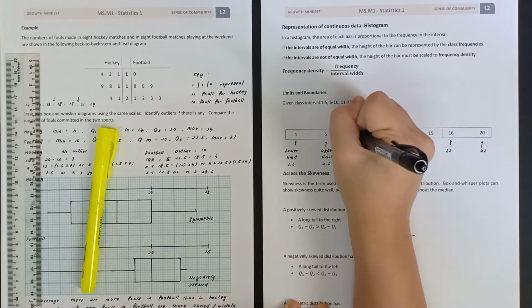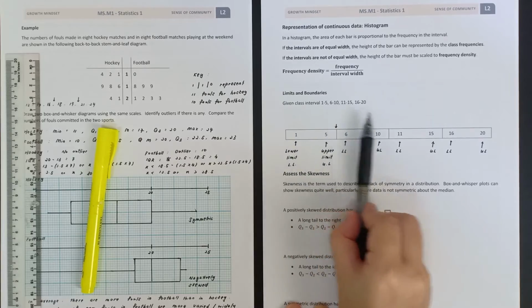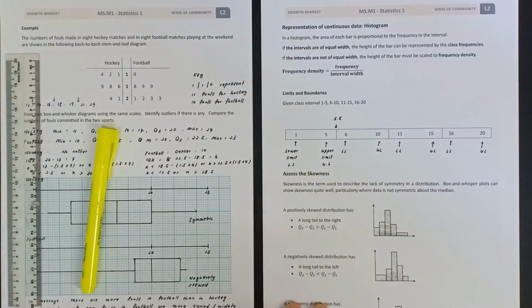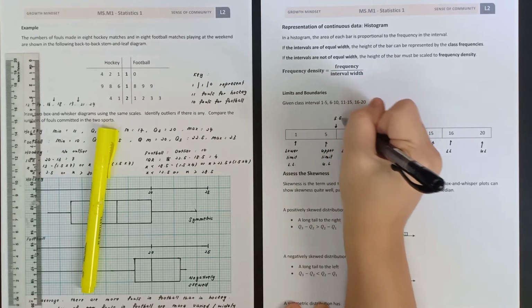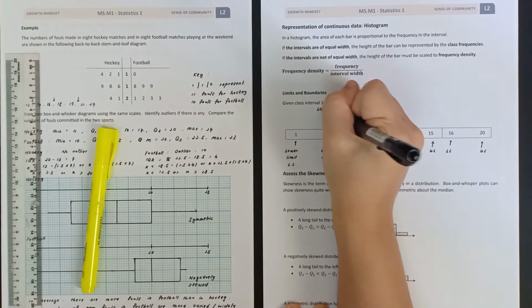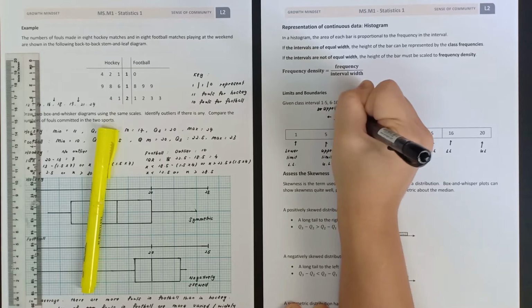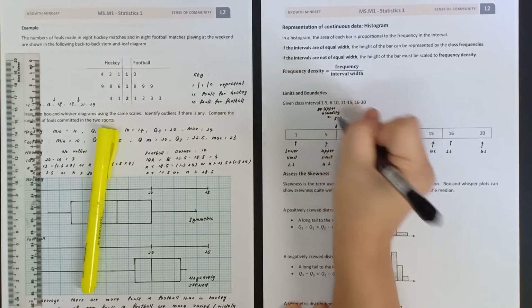So for this middle, what is the boundary that actually separates 5 and 6? It's going to be 5.5. Okay, so what is this number called? 5.5 is going to be the upper boundary for the class of 1 to 5.